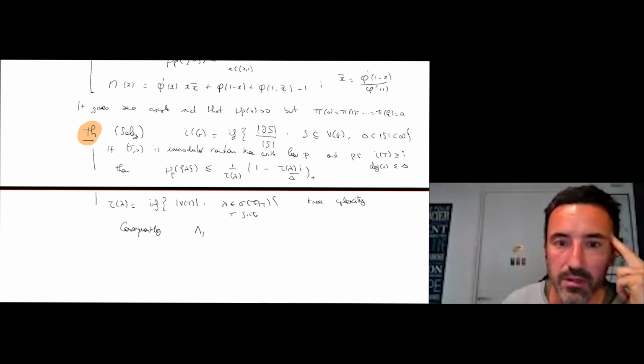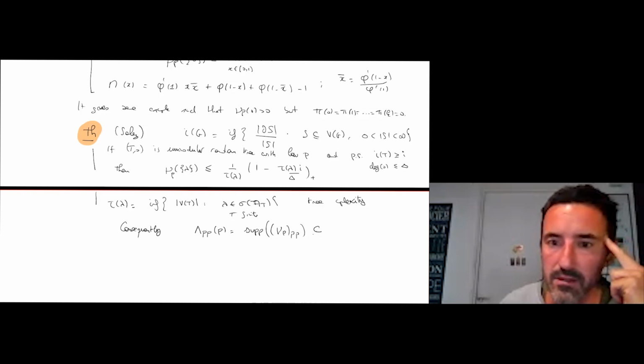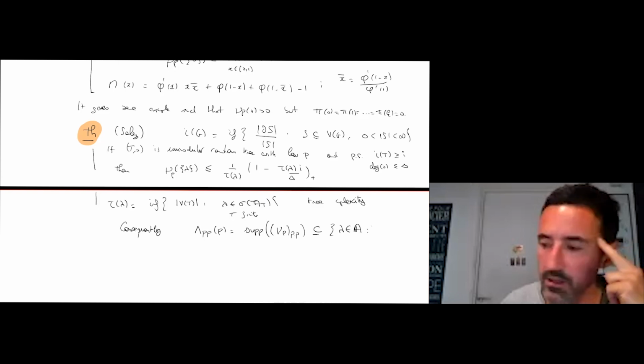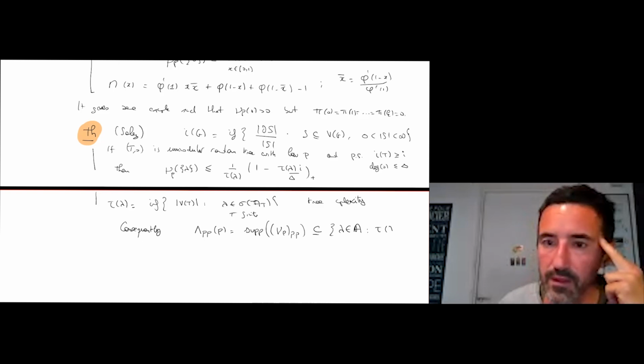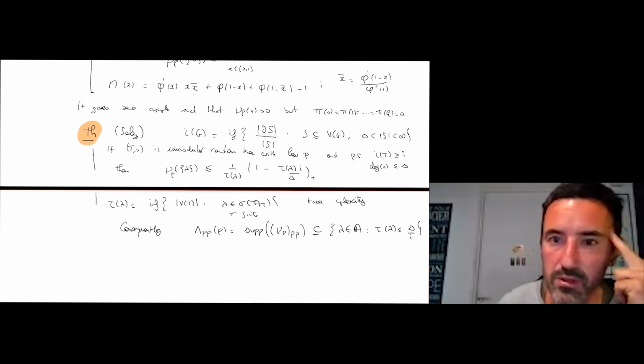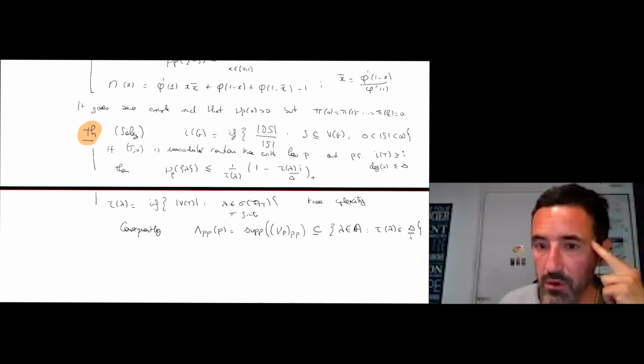If you call lambda_pp of rho the support of the pure point part of rho, this is contained in the set of lambda, totally real algebraic integers, such that tau of lambda is less than delta over I. So as soon as you have a tree with some isoperimetry, you can only have a finite number of atoms.